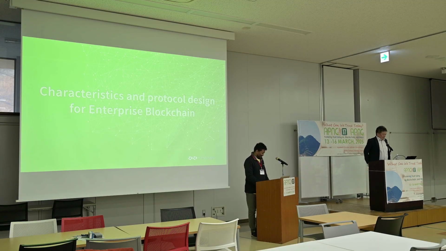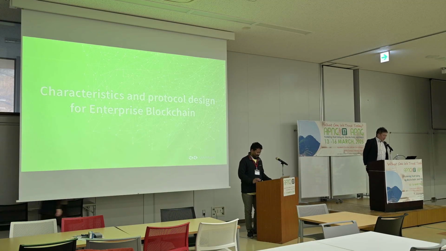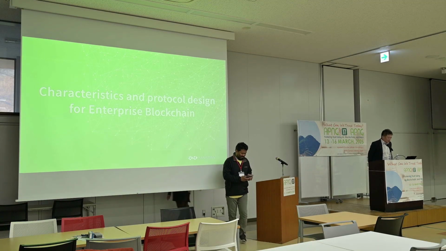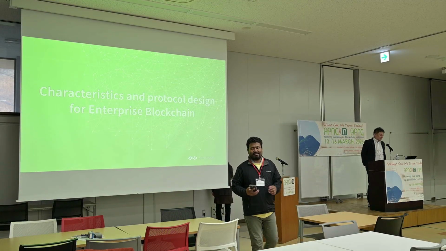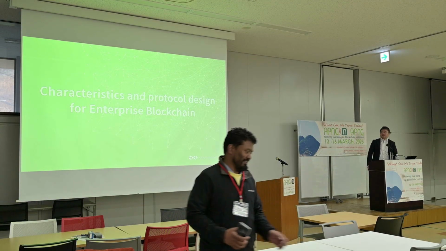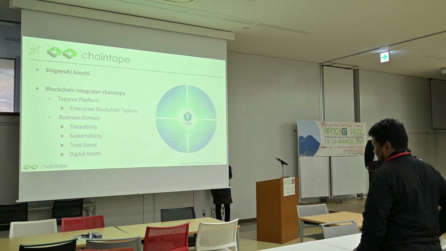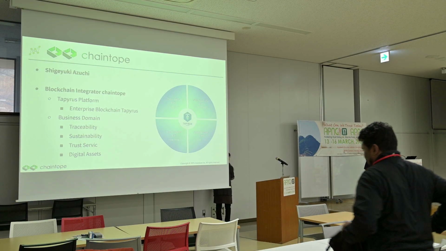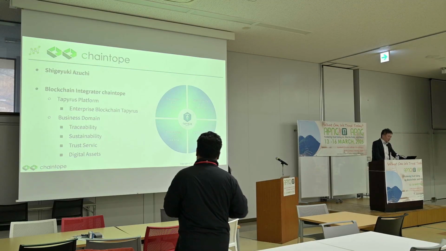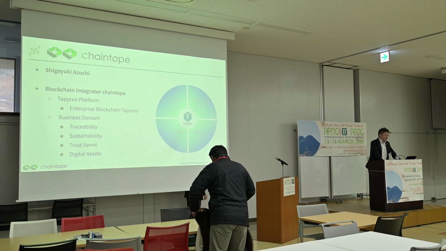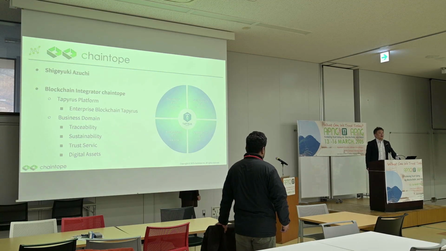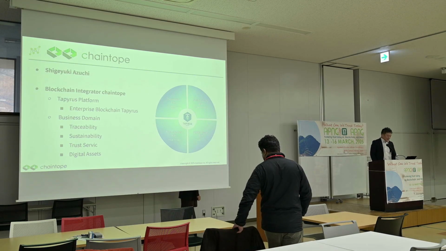Hi, good morning. So today I talk about the characteristics and protocol design for enterprise blockchain. I'm Shigeyuki Azuchi, CTO at Chaintope Inc. Chaintope is a blockchain integrator, developing and deploying the enterprise blockchain Papyrus.